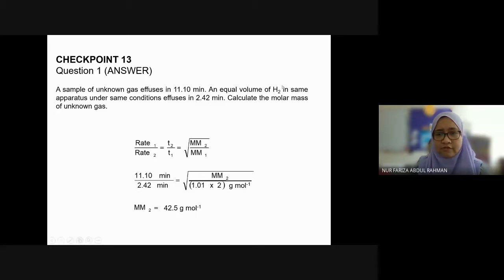We have the information on hydrogen, which is considered as molar mass. We're going to be using this part, not this red part. We put in all the information and you can straight away calculate the final molar mass. So this is the molar mass of the unknown.